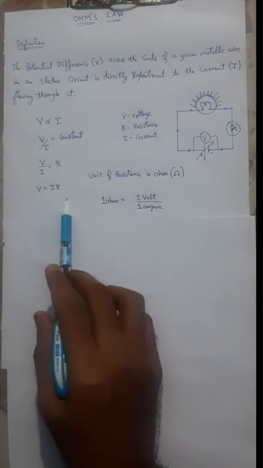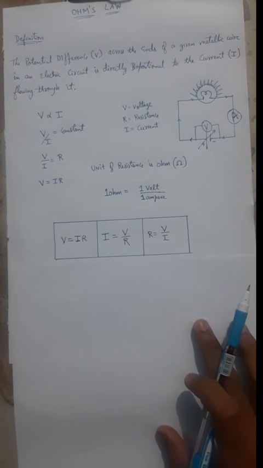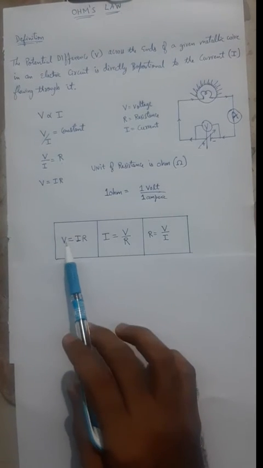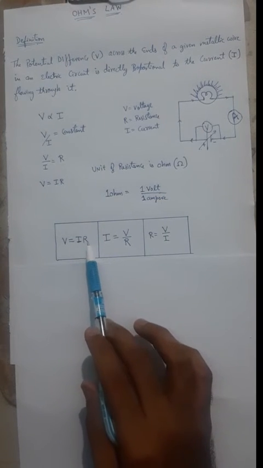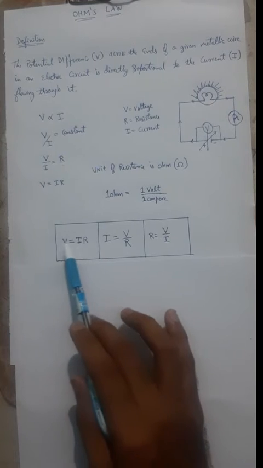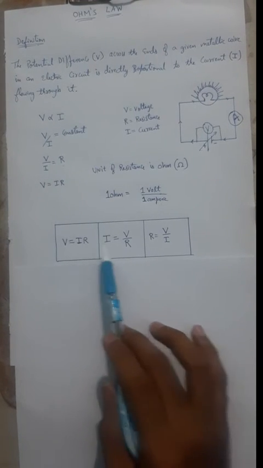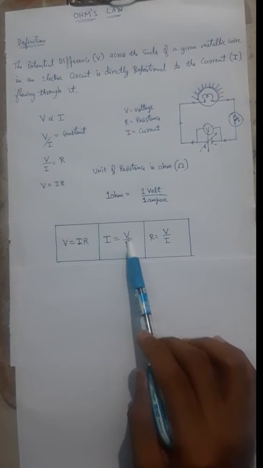This equation V = IR can be written in two other forms. The first is V = IR. If we know the current and the resistance of the wire, then we can find the voltage by this relation. But current is equal to voltage upon resistance.